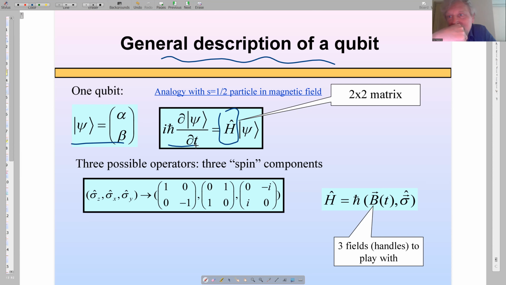Right. In all textbooks, an analogy with the simplest system, an electron spin in a magnetic field, has been used to illustrate these 2-by-2 Hamiltonians. And that's why the components of this Hamiltonian are sometimes called fields, magnetic fields.